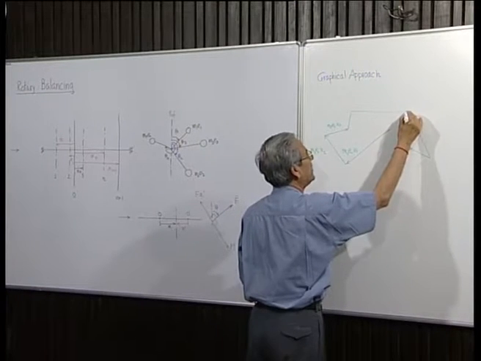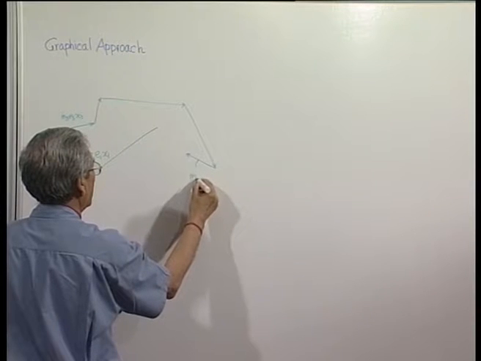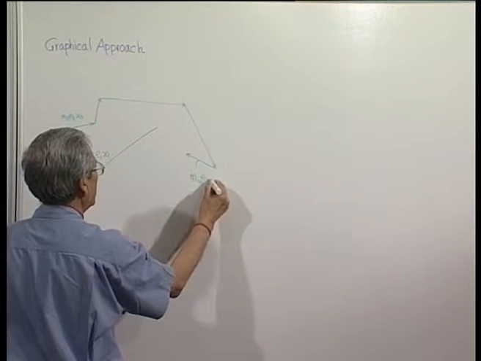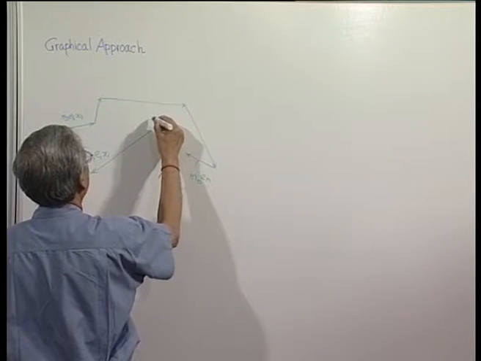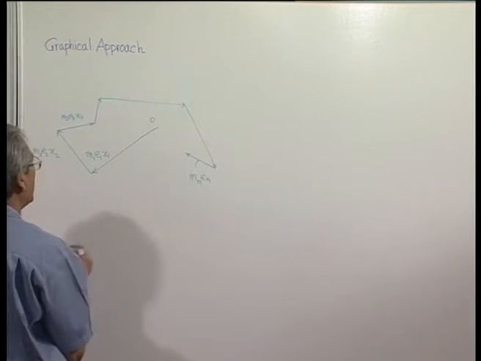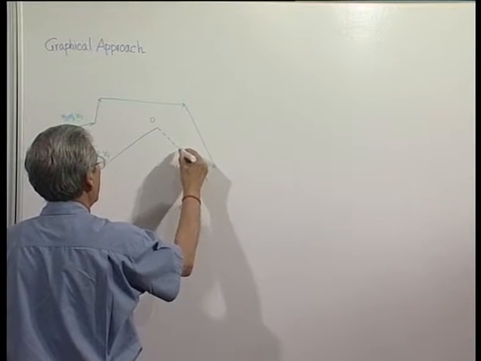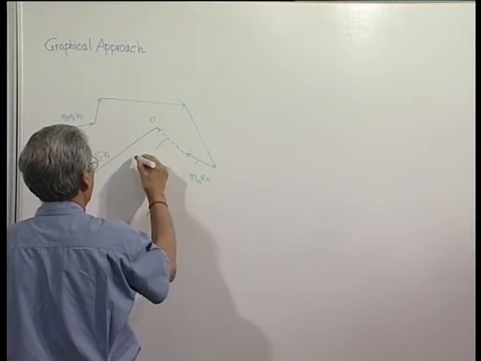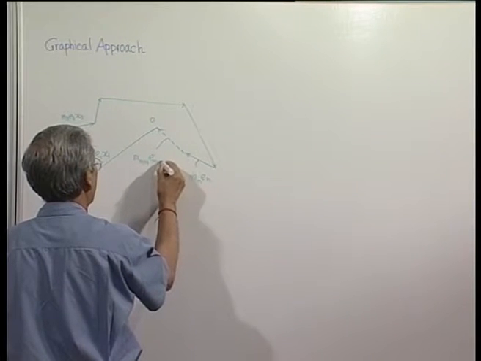So, finally, we come to this as Mn En, and if the couple has to be balanced, then this must be M n plus 1 E n plus 1.